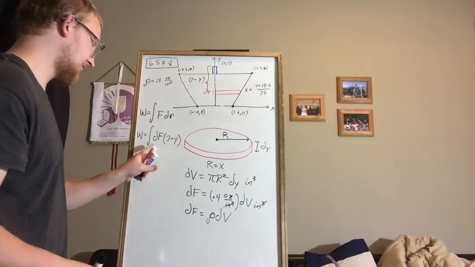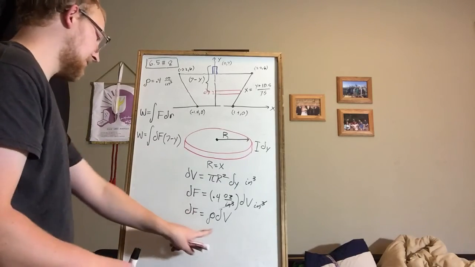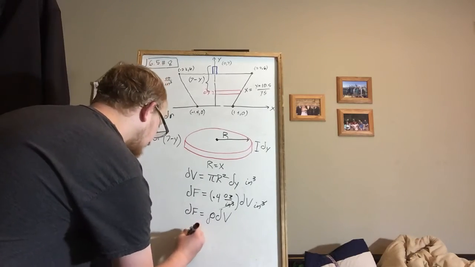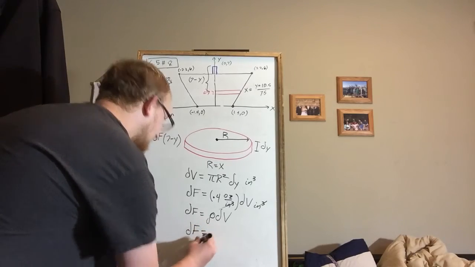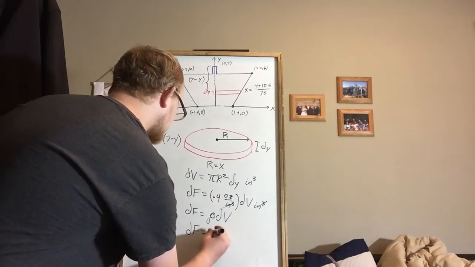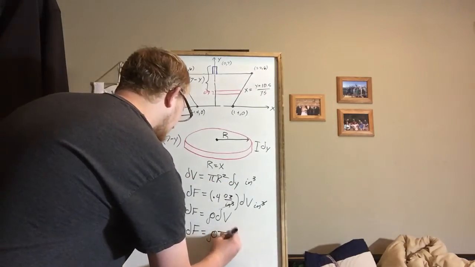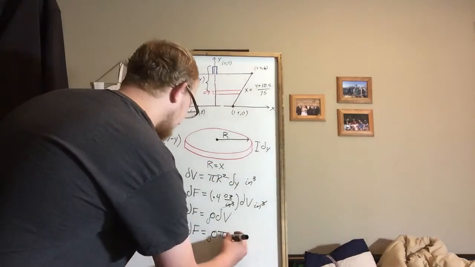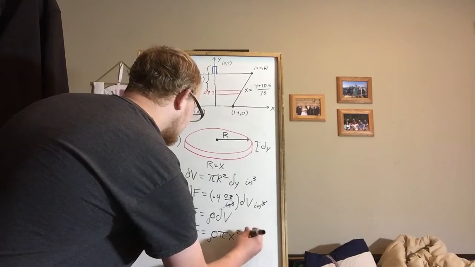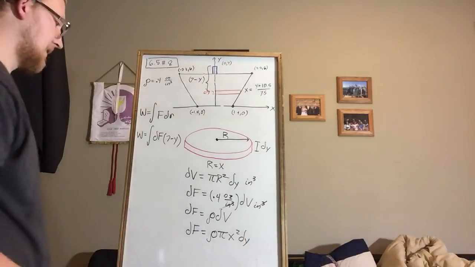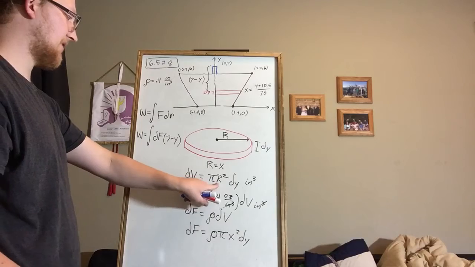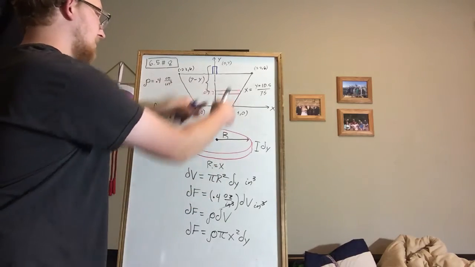And so now we're going to fill in what dF equals. Well, dF equals rho dV, and we can expand that out. So this equals rho times what we solved for dV, which is pi r squared, which is actually x squared dy. And we figured out that r was equal to x for every point.